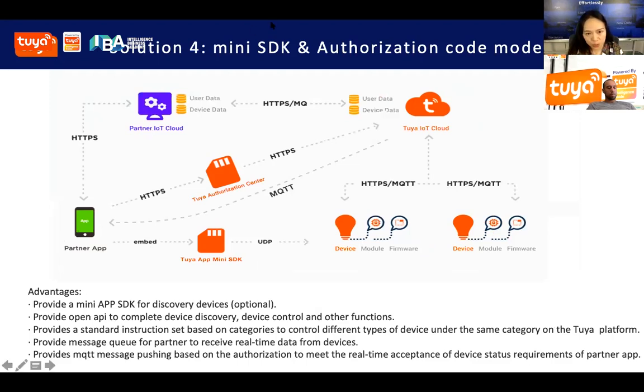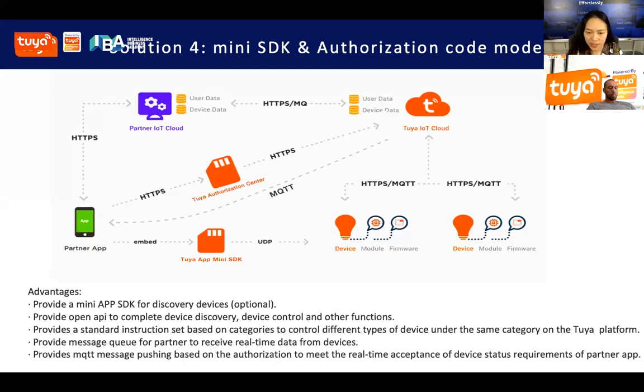The option after mini SDK is the authorization code mode. In this mode, you can find the HTTP request from the app. It means that the client, the end user, will get the authorization code to exchange for the access token, to allow access to the devices under your account.